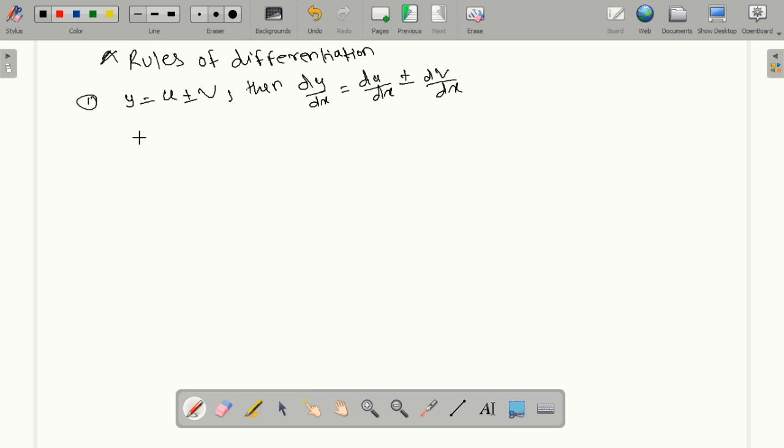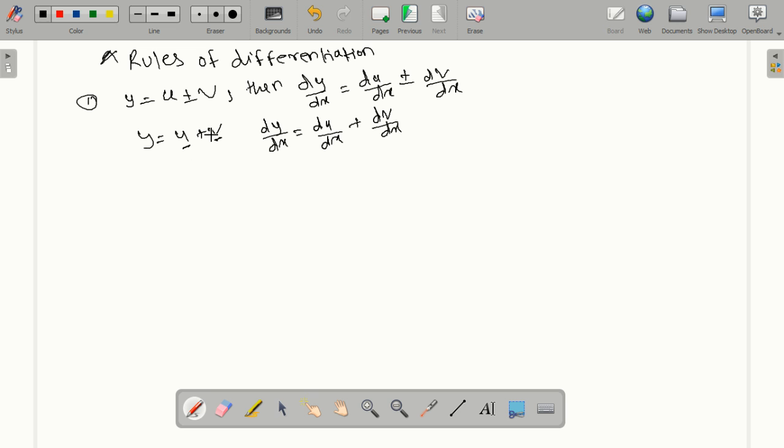So let's say that y is equal to u plus v. Basically, u and v are differentiable functions of x. Then dy by dx is given as du by dx plus dv by dx, right?